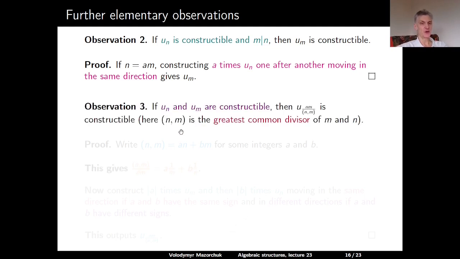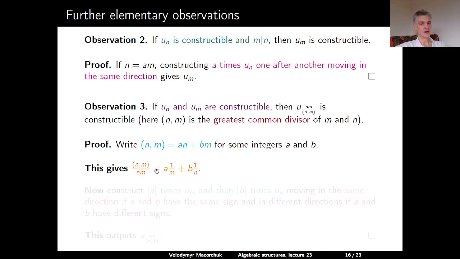Observation 3. If u_n and u_m are constructible, then u_{nm/gcd(n,m)} is also constructible. So u with the index the least common multiple of m and n is constructible. Proof. We can write the greatest common divisor as a linear combination of n and m with some integer coefficients. Now if we divide this by nm, we get that the greatest common divisor divided by nm is equal to a times 1 divided by m plus b times 1 divided by n.